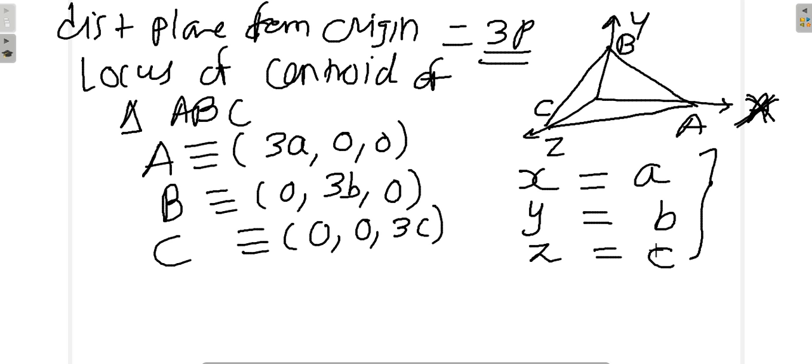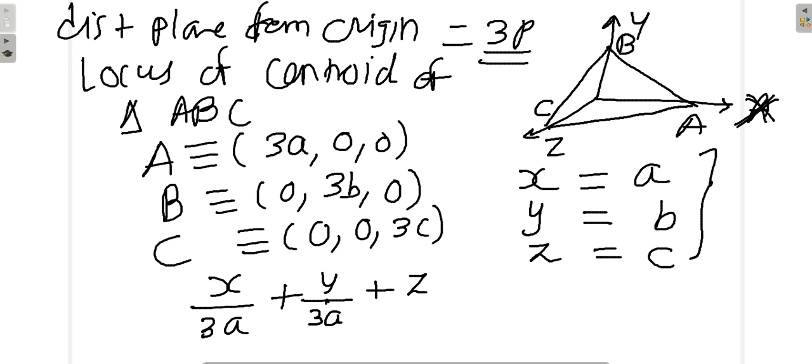Now let us find the equation of the plane. The equation of the plane in the intercept form will be given by x upon 3a plus y upon 3b plus z upon 3c equal to 1. Or we can say, let me write it here only, minus 1 equal to 0.